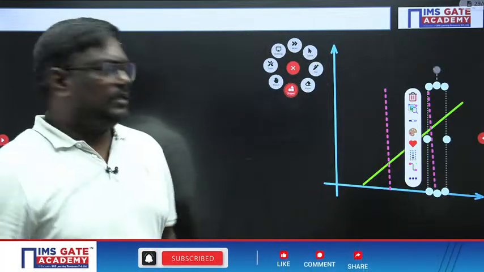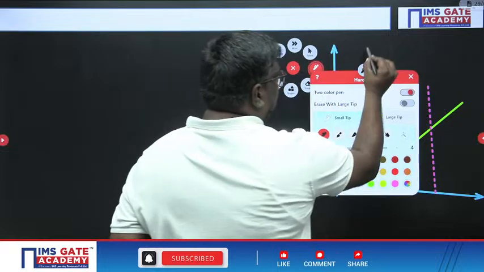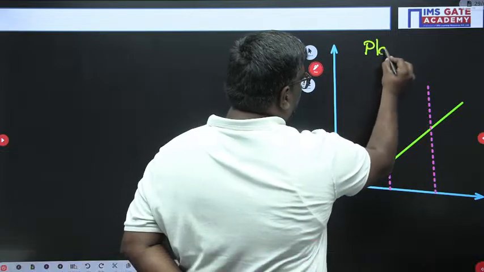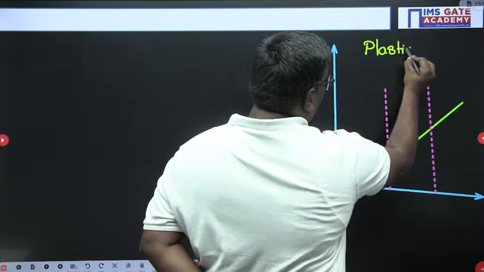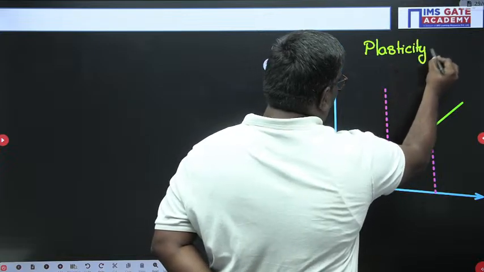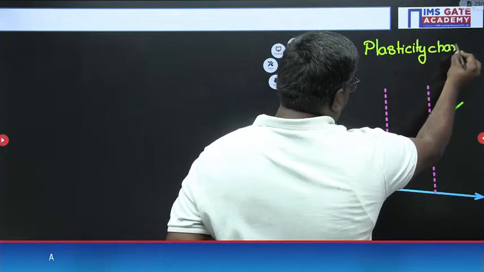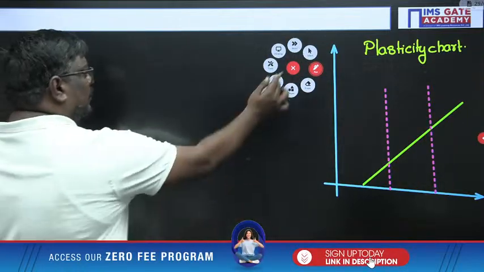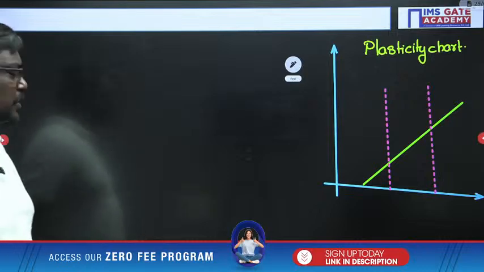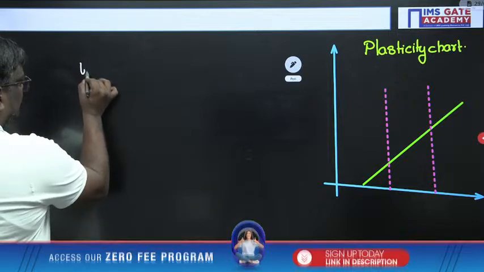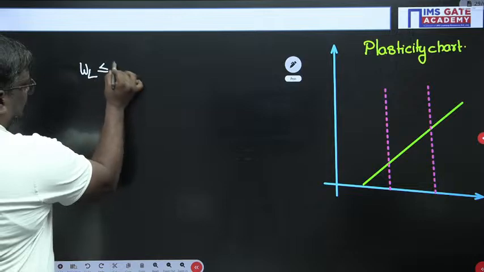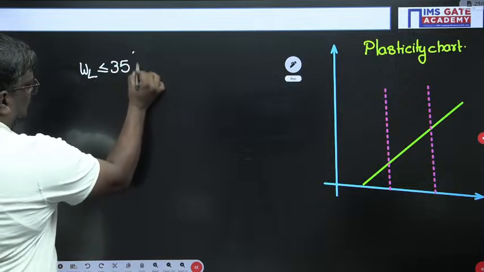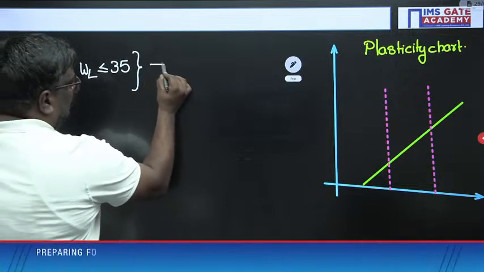Now see, students, here we call this the plasticity chart. What is a plasticity chart? How do we develop this plasticity chart? Let me tell you. If liquid limit is less than or equal to 35, we call it low compressible.